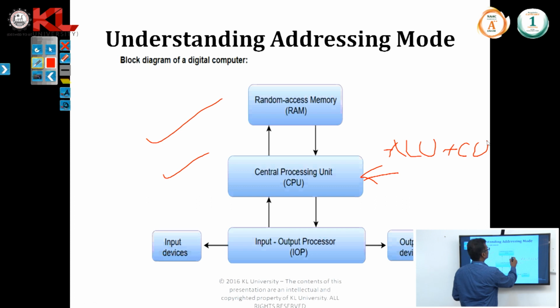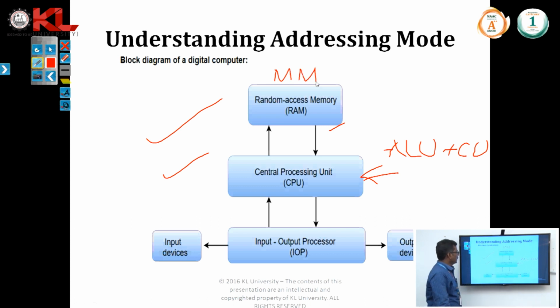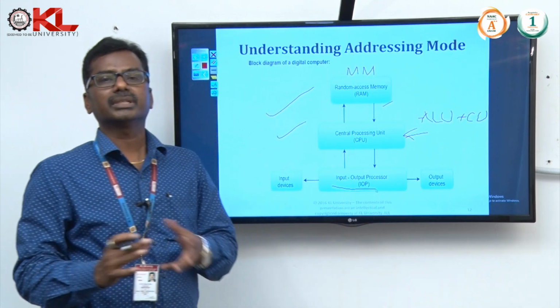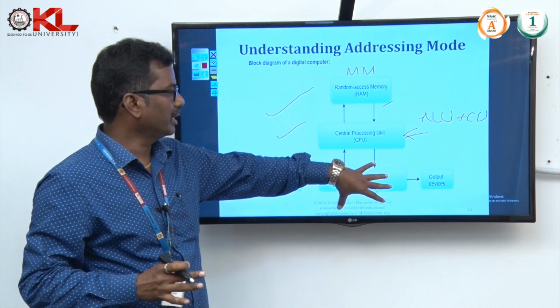Here we have the main memory or RAM, and we have the input output devices, and it is the IOP processor which synchronizes all these parts, especially the IO devices.